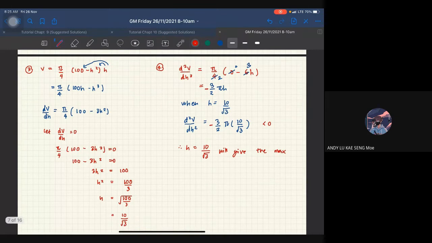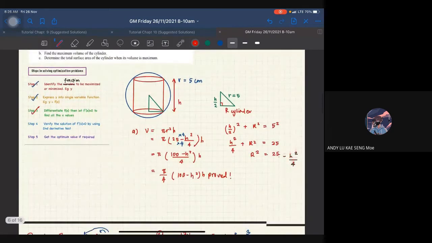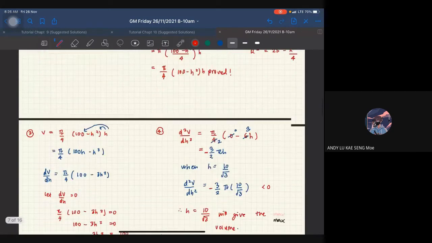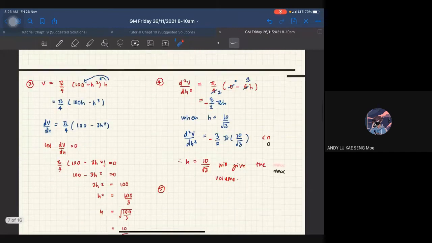Okay, so step yang kelima, sebenarnya soalan nak apa? Soalan minta kita cari maximum volume of the cylinder. Okay, so kita dah tahu nilai H kita, so just substitutekan saja into this one. Okay, so awak ada V equal to, saya rasa masuk kat sini pun boleh. This one. Awak dah expand dia kan?